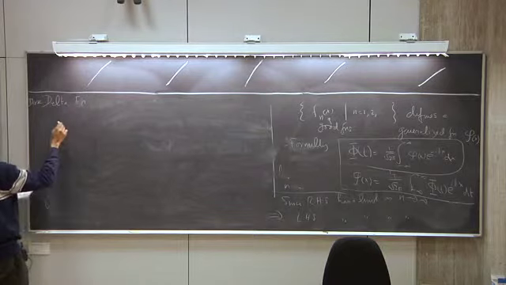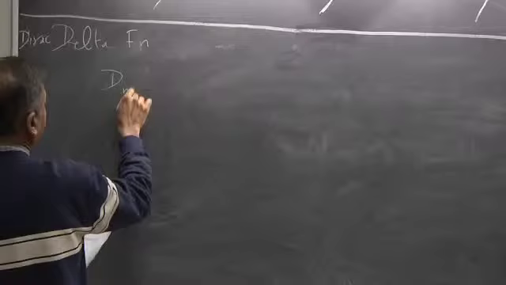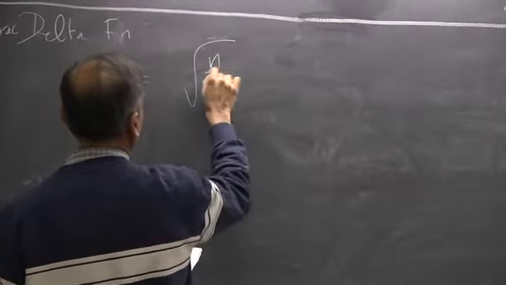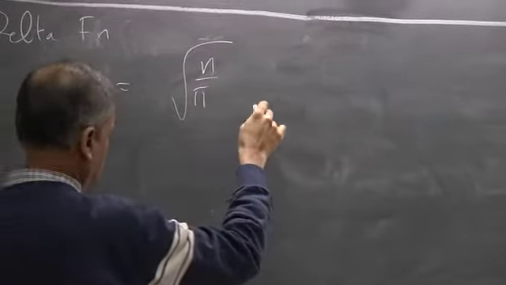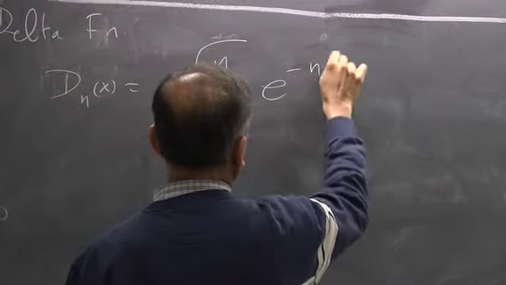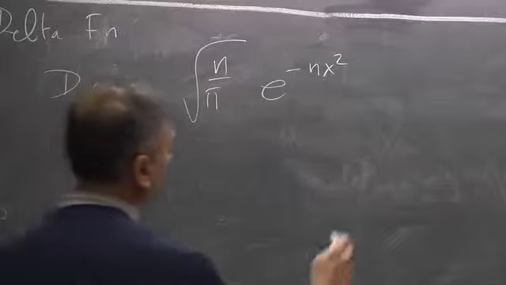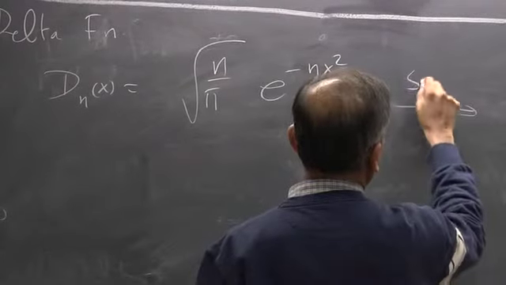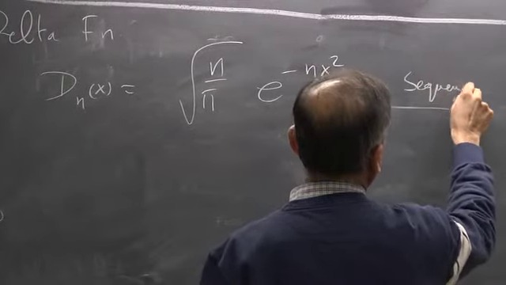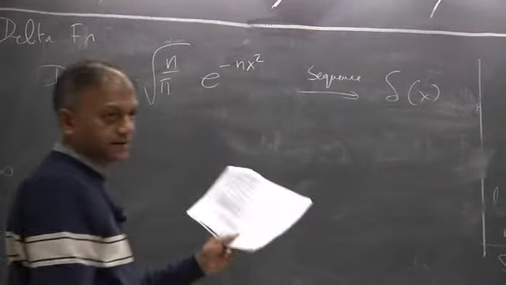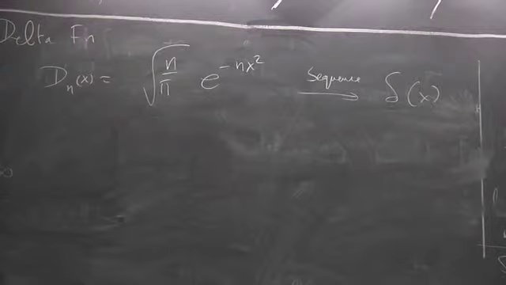For that, we considered a sequence dn of x, which was just a Gaussian, root n over pi e to the minus n x squared. This sequence defines the generalized function delta x.